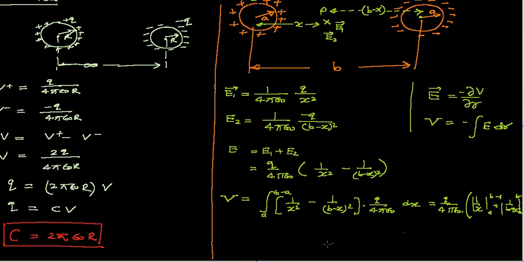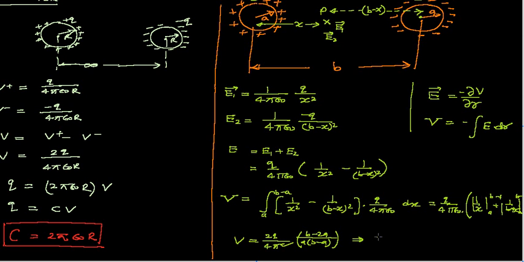When you calculate it, you will get V equal to 2Q by 4 pi epsilon naught, b minus 2a by a into b minus a.